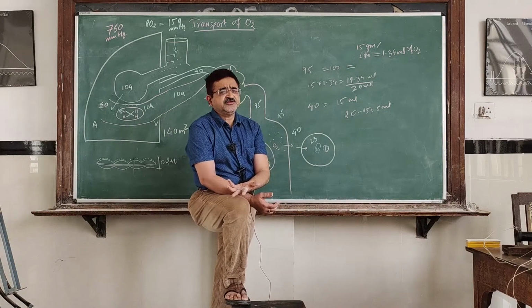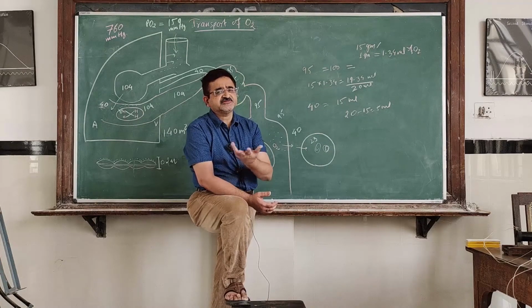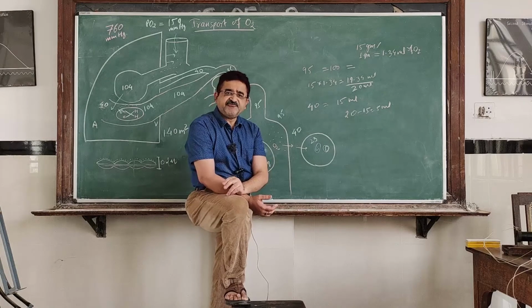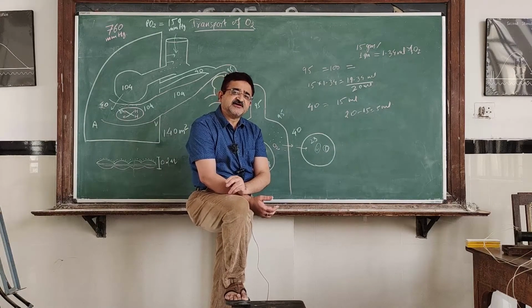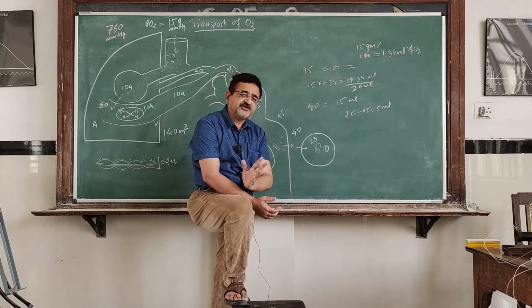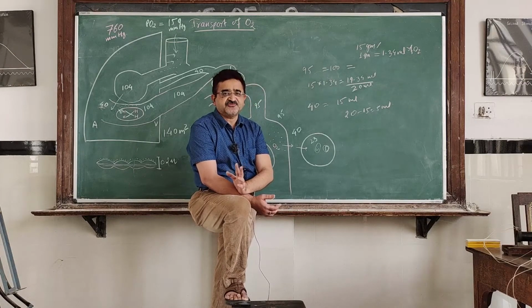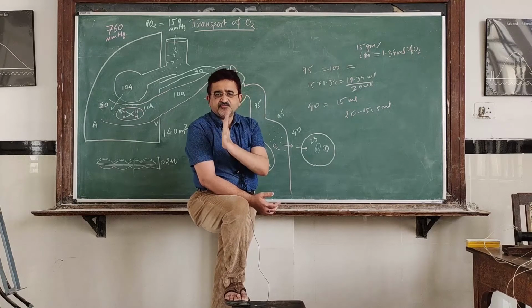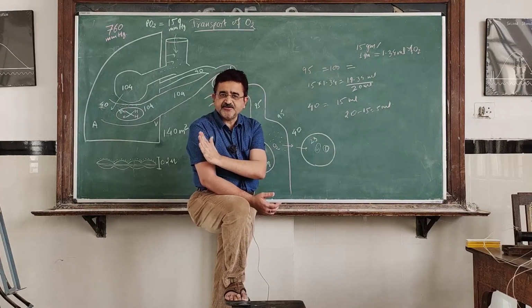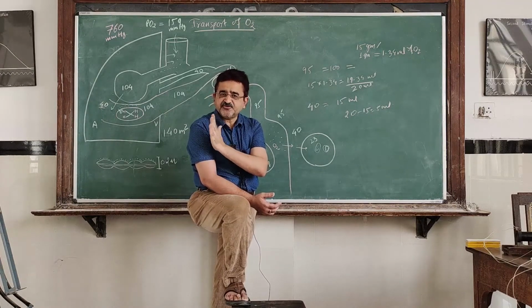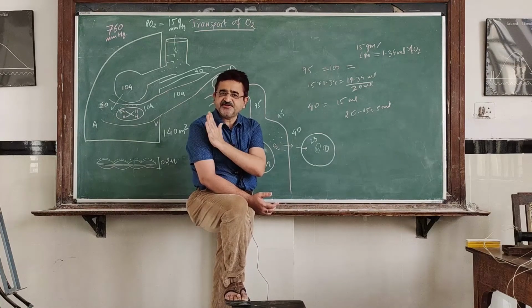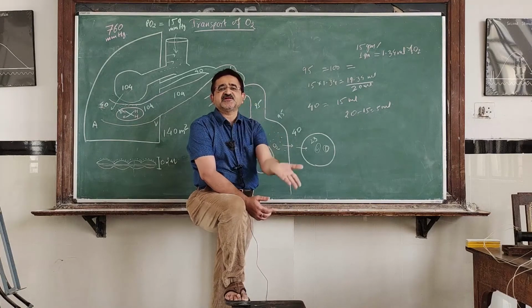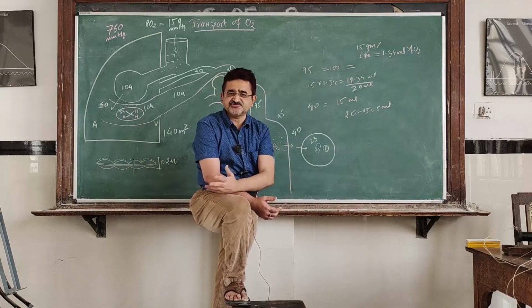Naturally, more the hemoglobin concentration, more is the carriage of oxygen by the blood. Second factor that determines the amount of transport of O2 is the partial pressure of oxygen. More the partial pressure of oxygen, more is the free oxygen available, more is the oxygen available to bind with the hemoglobin, more is the saturation of hemoglobin, and more is the transport of oxygen to the tissues.